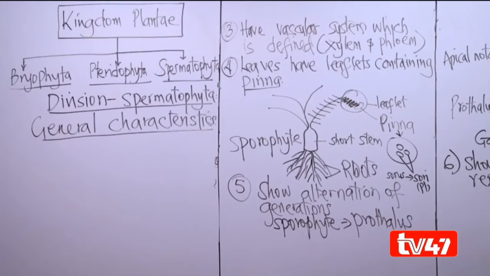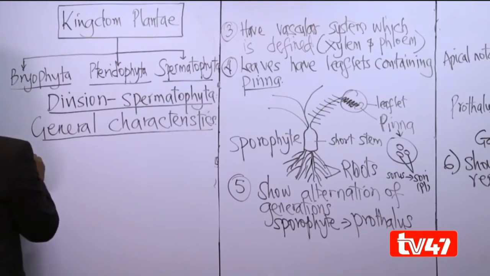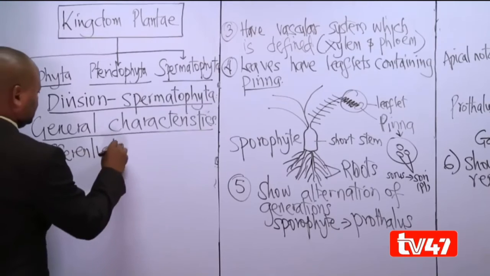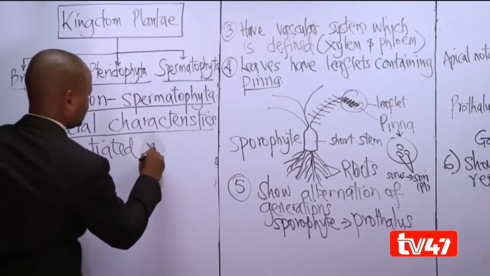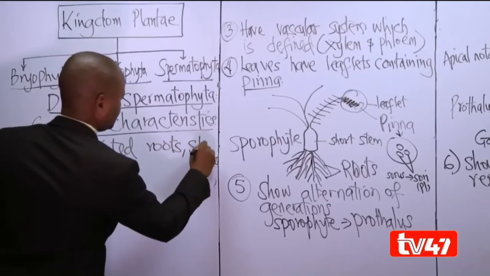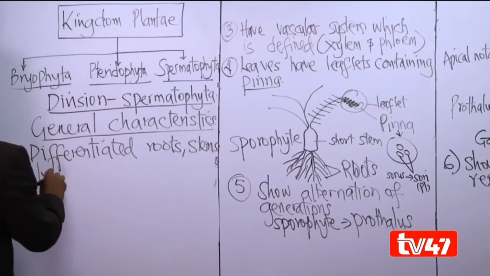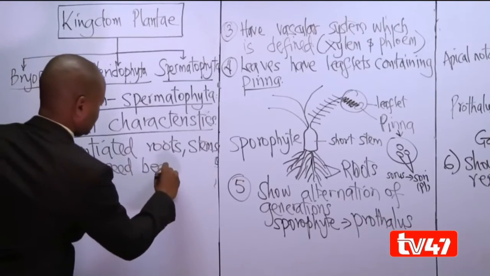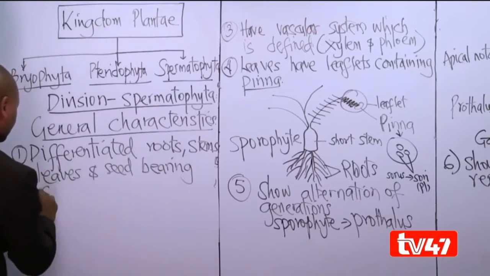Their plant body is differentiated into roots, stems, leaves, and seed-bearing structures.